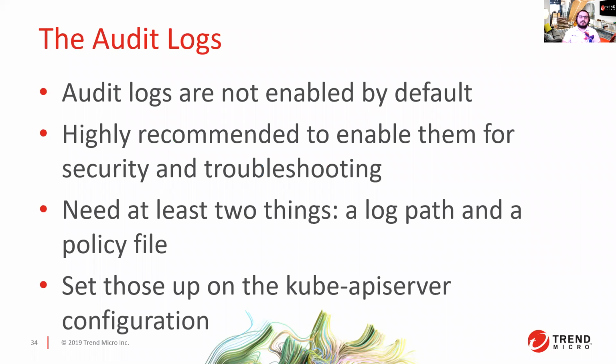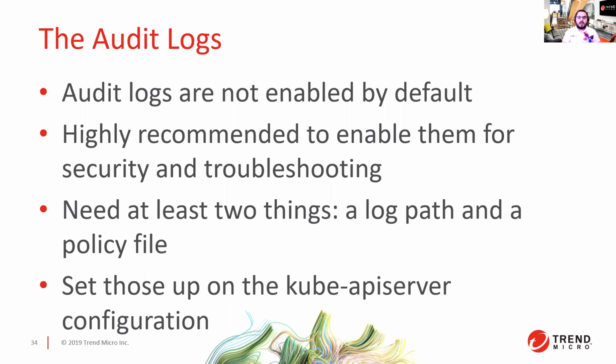And just to finalize, another thing that's important for protecting your cluster is the Kubernetes audit logs. They are not enabled by default, so it's highly recommended that you enable them for security and also for troubleshooting. You basically need two things for enabling them: a log path and a policy file, specifying the location of the log and which policy, so what you want to log.